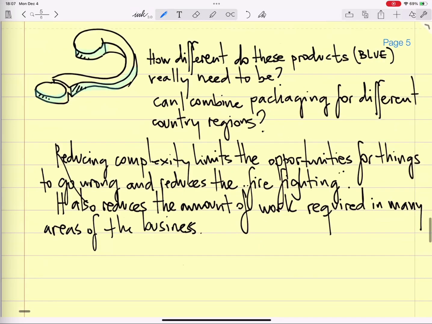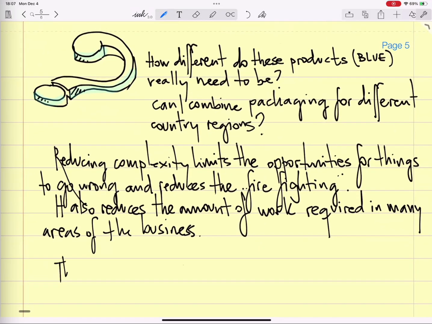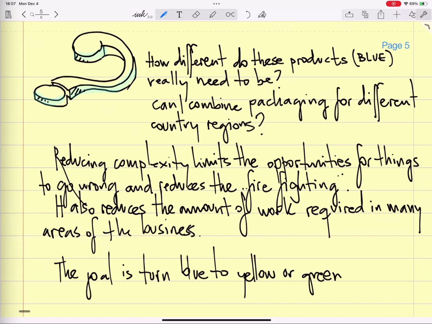So here the goal is turn blue to yellow or green by combine and improve. Okay? Makes sense? Yeah. Are you with me or?